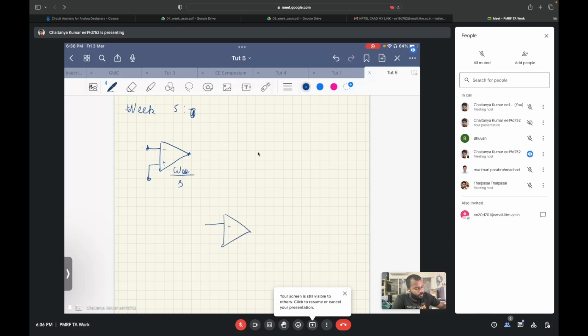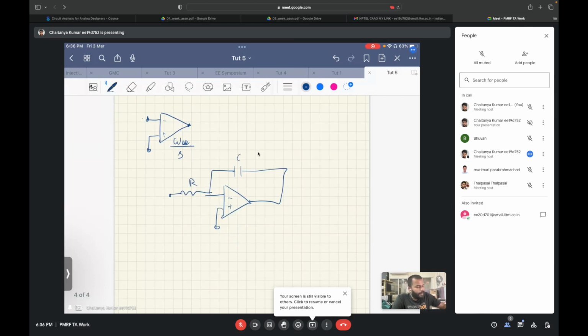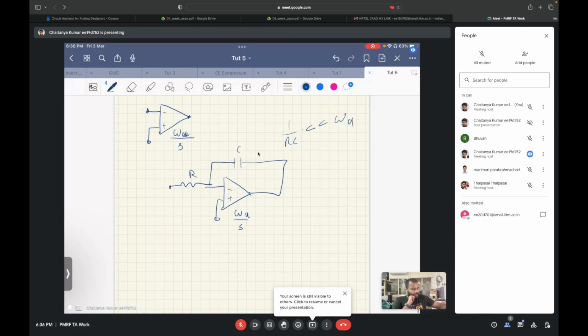We put this op amp in the integrator with some UGB of 1 by RC, and this was omega u by s, and we did the math with the approximation that 1 by RC is much smaller than omega u. With this approximation, we got the transfer function as 1 upon SRC plus 1 upon S by omega u.